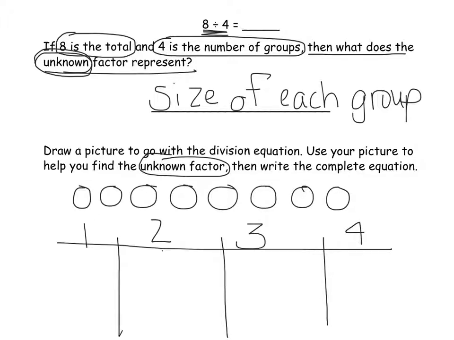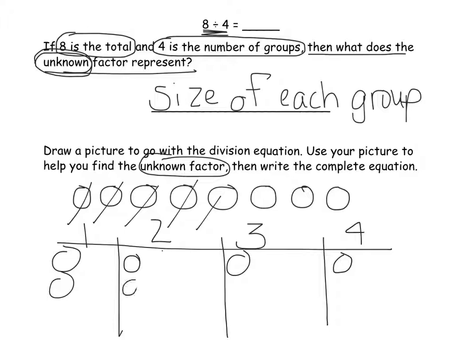And since I can't move these counters, I'm just going to draw one, cross it off. Draw one, cross it off. Draw one, cross it off. And I'm going to use the fair share until I'm all out of counters. So in this case, my unknown factor, or the size of each group, there are 2 circles or counters in each group.